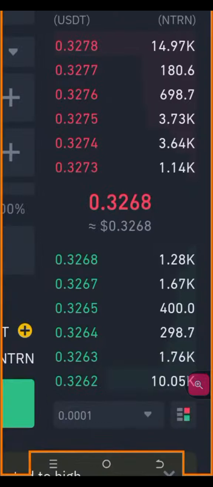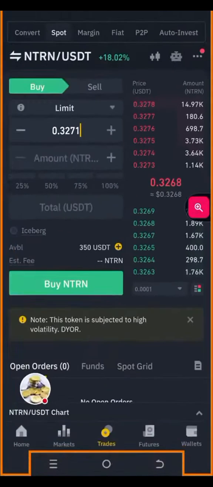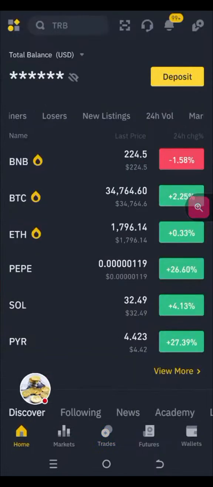That means they've done a lot of marketing. People are interested in buying the coin, even though I'm not seeing much velocity and volatility in the price. But anyway, that's the concept behind new listings: if it's new, it should still give you the new vibes and people will still want to buy it.